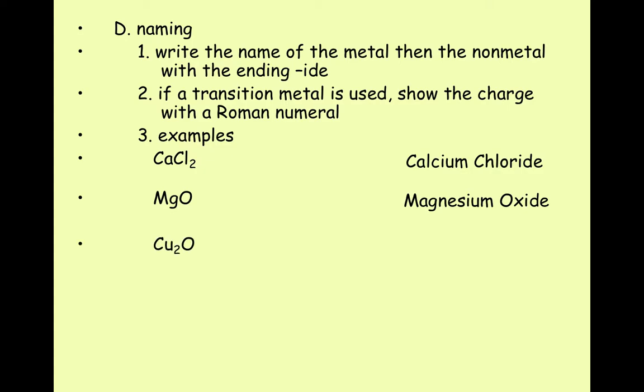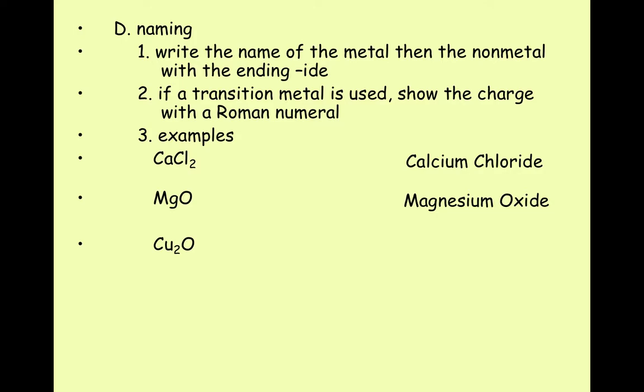In a problem like this with Cu2O, these can be a little bit more difficult here. We don't know the charge of copper. It's a transition metal. It can have a charge of +1 or +2. We do know that oxide is the anion, so we know the ending will be an oxide. What I like to think about here is that I have O with a charge of -2, and there's only one oxygen here.